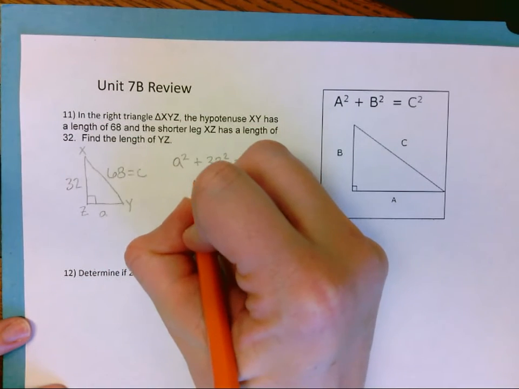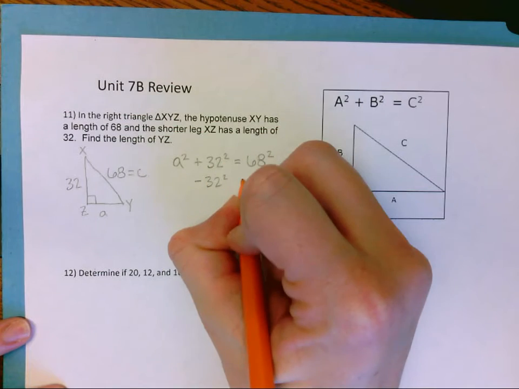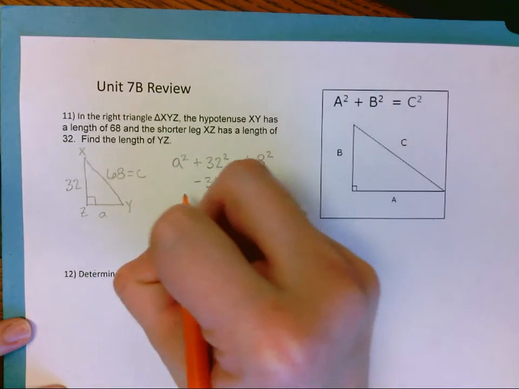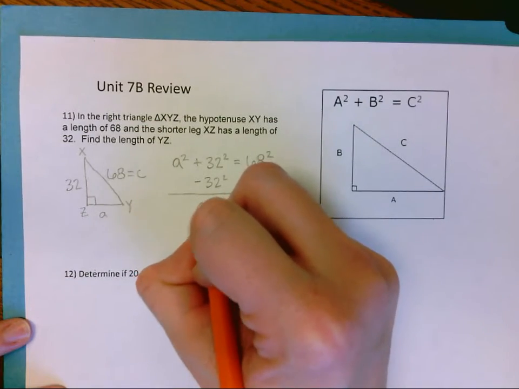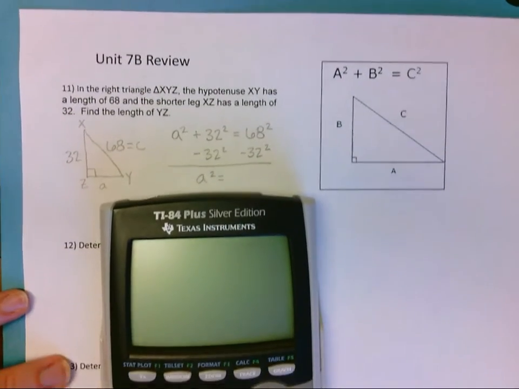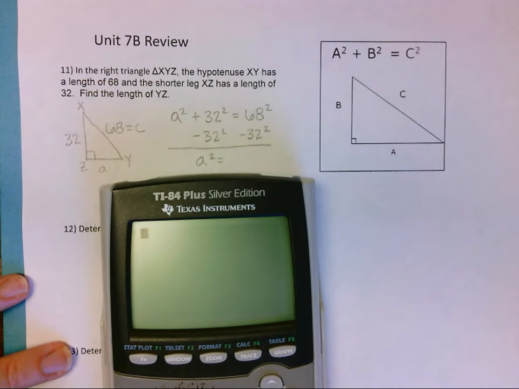I'm going to go ahead and subtract the 32 squared from 68 squared. Therefore, the calculator can calculate all of that at once. 68 squared minus 32 squared gives us 3,600.